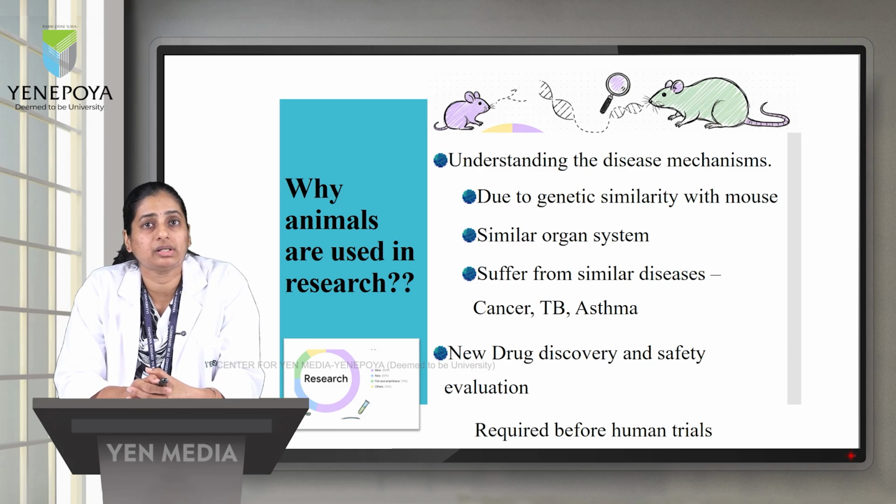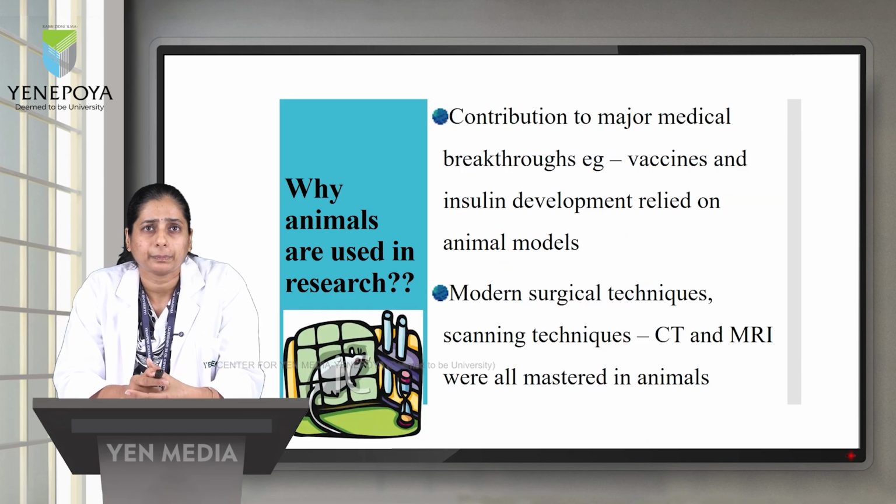We also have a similar organ system and suffer from similar diseases like cancer, tuberculosis, asthma, flu, etc. Also, it facilitates new drug discovery and safety evaluation. Preclinical data is required before human trials. Yes, the first point, that is use of animals, is justified to some extent.